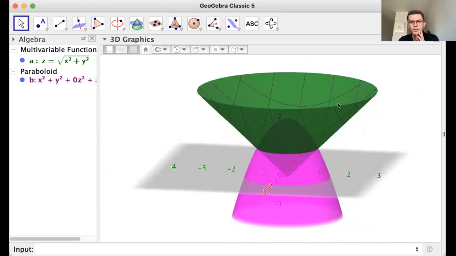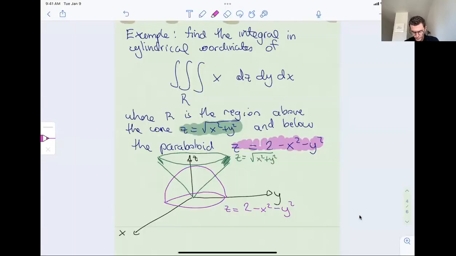So let me try to color it on the screen on iPad. Okay, so that's the region R. Is that okay with everyone? So far, so good?